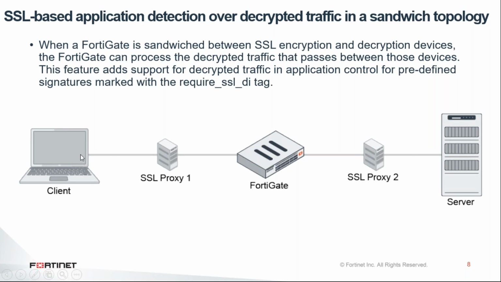So if a client goes to the server over HTTPS, it will be decrypted on this proxy, and clear text goes over the FortiGate. Now the FortiGate looks at certain flows and says, for that application, that flow, I need to first decrypt my traffic. But because it's already decrypted, it doesn't need to.